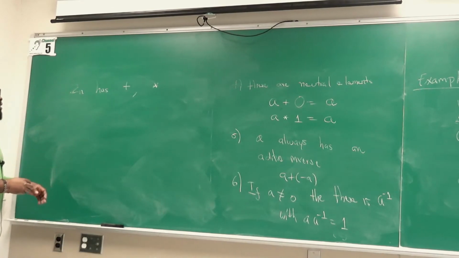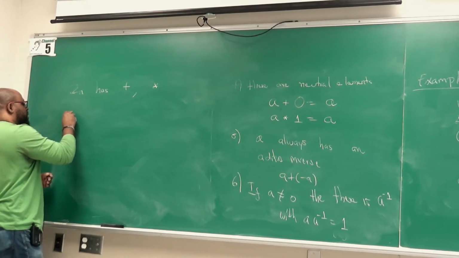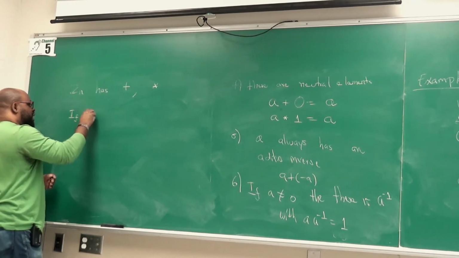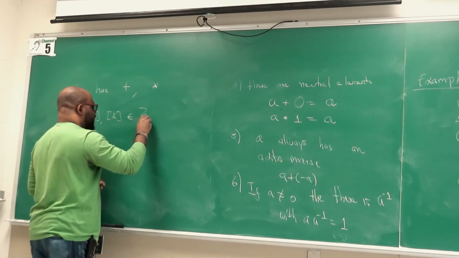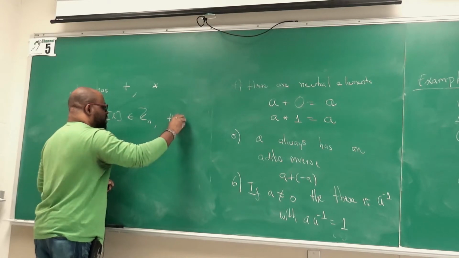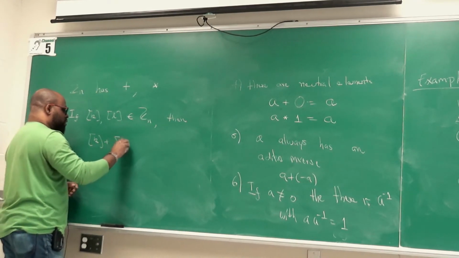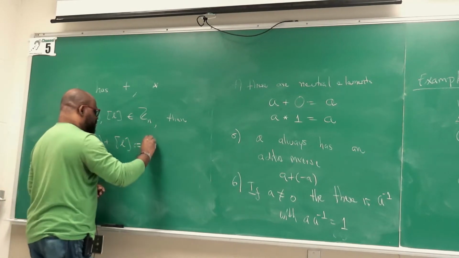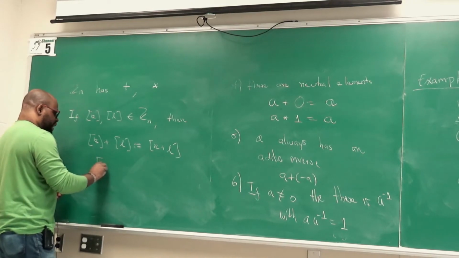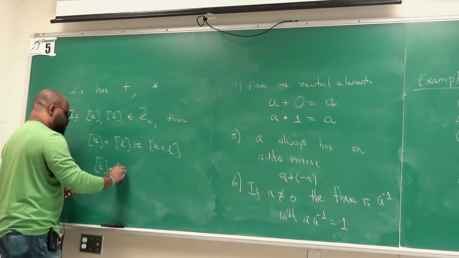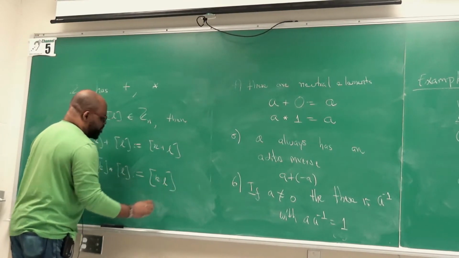And the way it is defined is that if you take two such elements, the class of K and the class of L in Z mod N, then one can define K plus L as the class of K plus L, and the class of K times the class of L, one can define it to be the class of K times L.